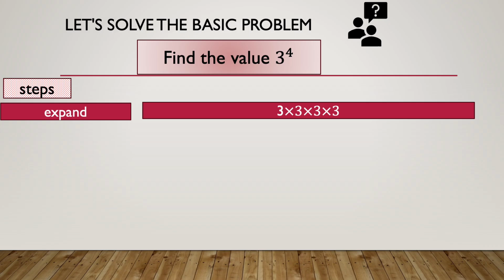Number is 3. What is the exponent? It is 4. I don't use the word exponent every time because to me it is confusing. So I say number for the base, and for the exponent I say how many times, and that works for me every time.